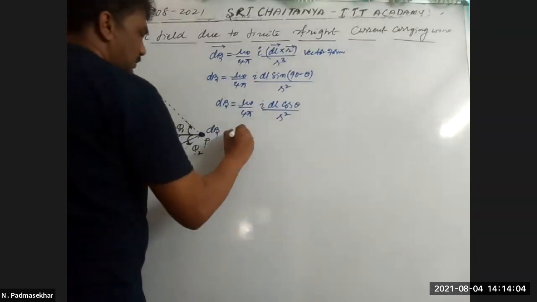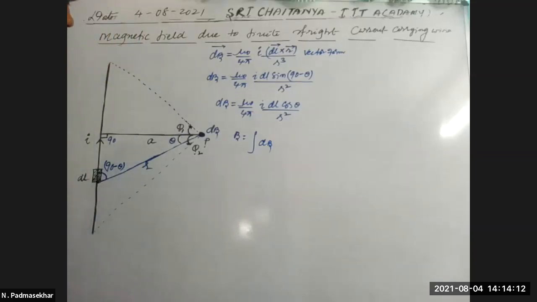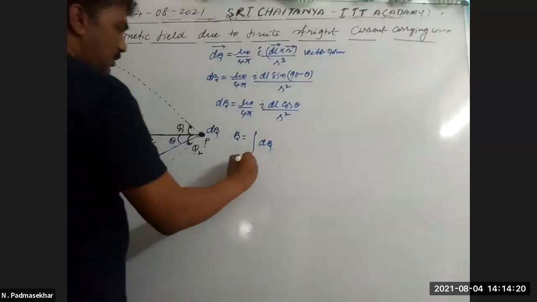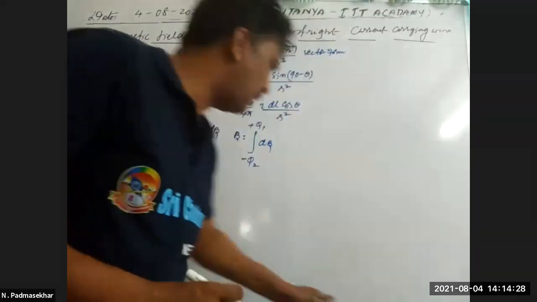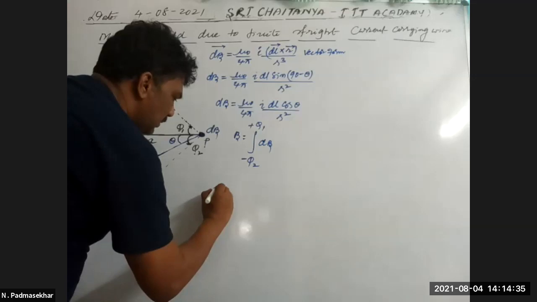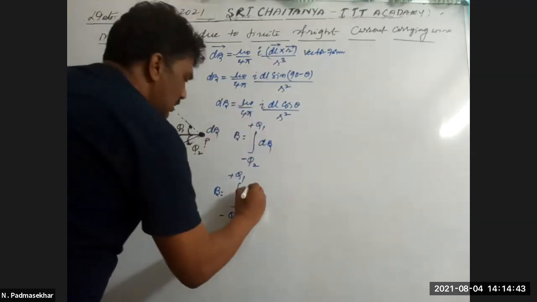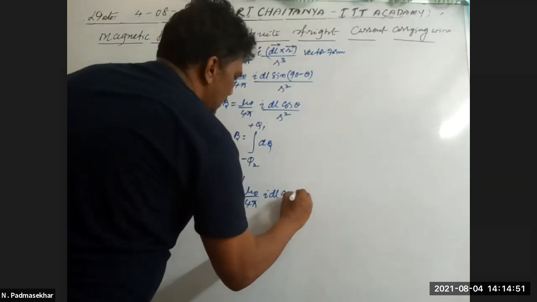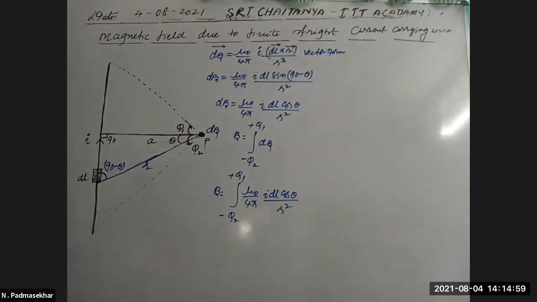So B is equal to the integral of dB, from minus phi 1 to plus phi 2, since this side is positive and this side is negative. So B equals the integral from minus phi 1 to phi 2 of mu naught by 4 pi, I dl cos theta by r square.